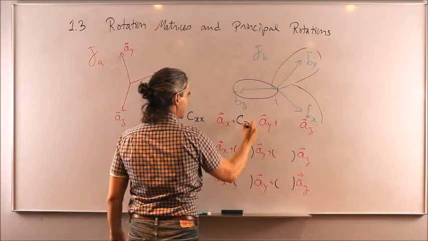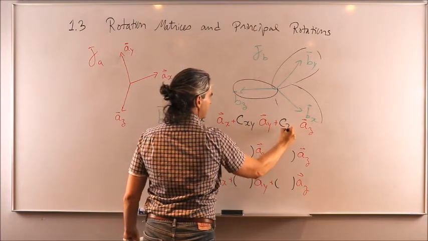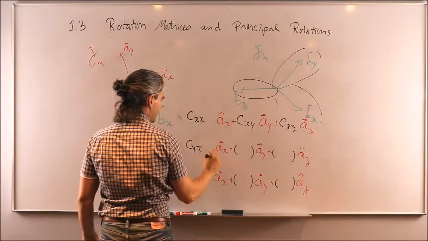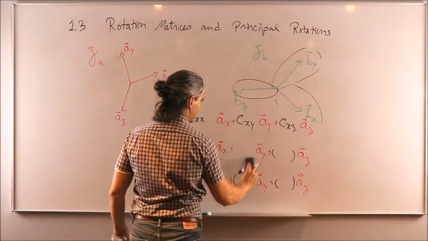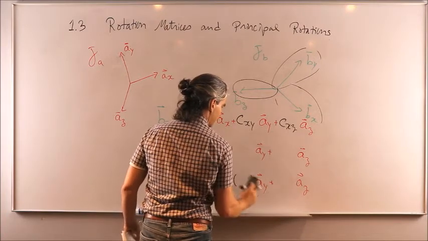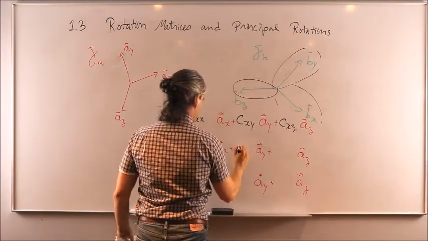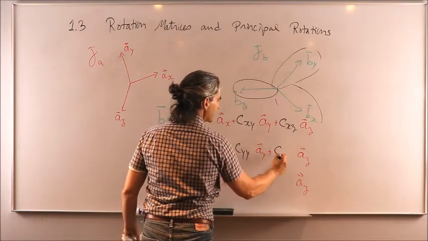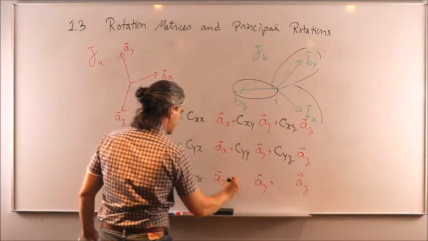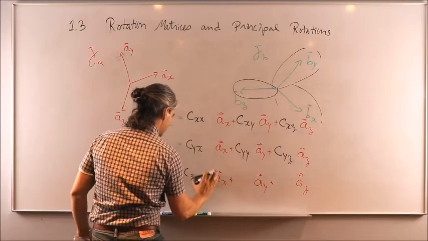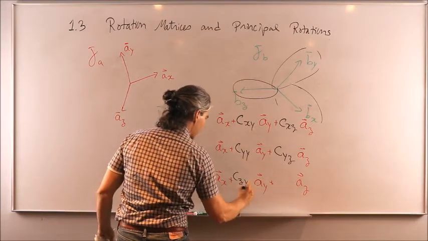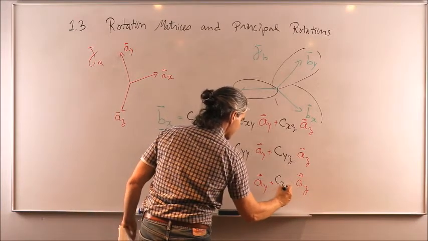CXX, CXY, CXZ, CYX, CYY, CYZ. I'm going to call this one CZX, that one CZY, and this one CZZ.